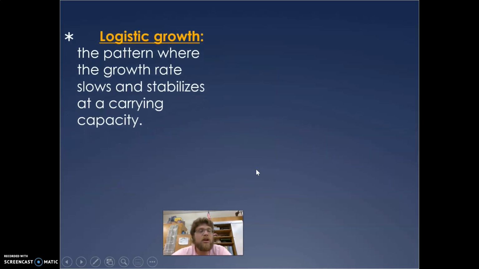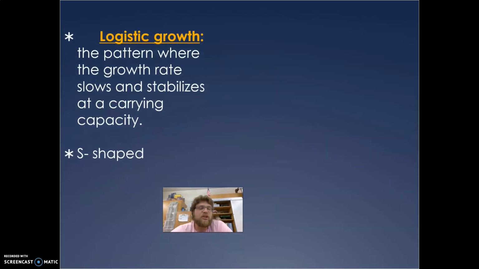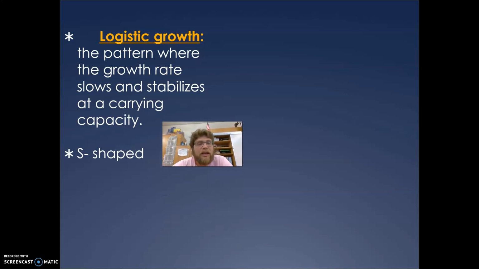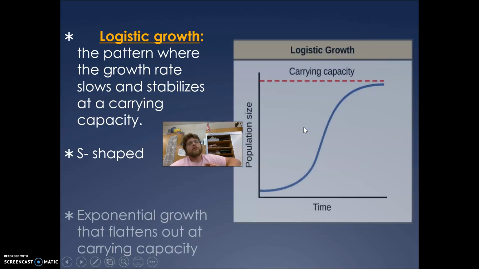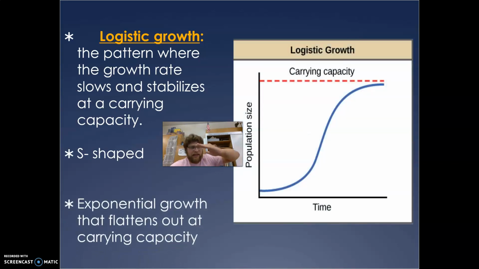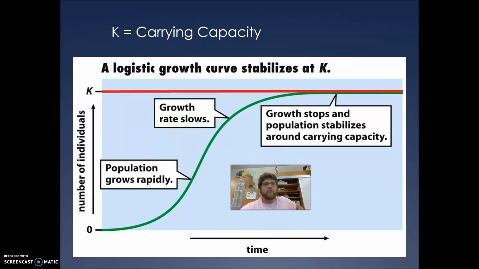Okay, and so more often you get something called logistic or S-shaped growth. Okay, so this is this growth pattern where you have this lag phase, it shoots up, and then it kind of flattens out as the population reaches a carrying capacity. Okay, and we will call that carrying capacity K on a graph.